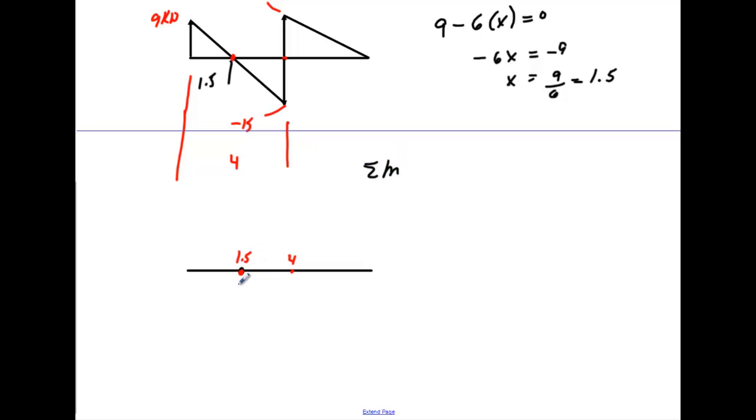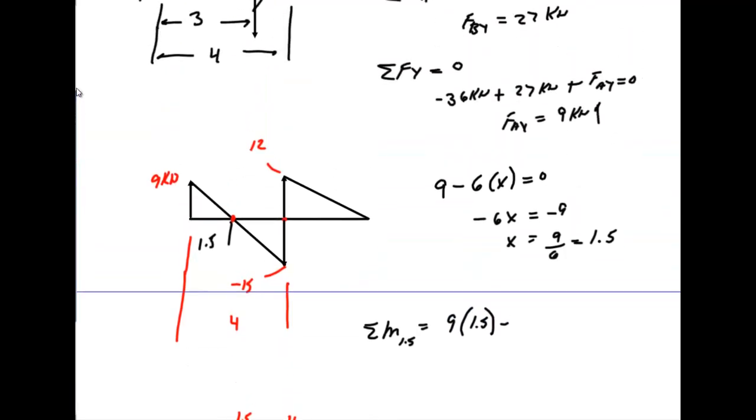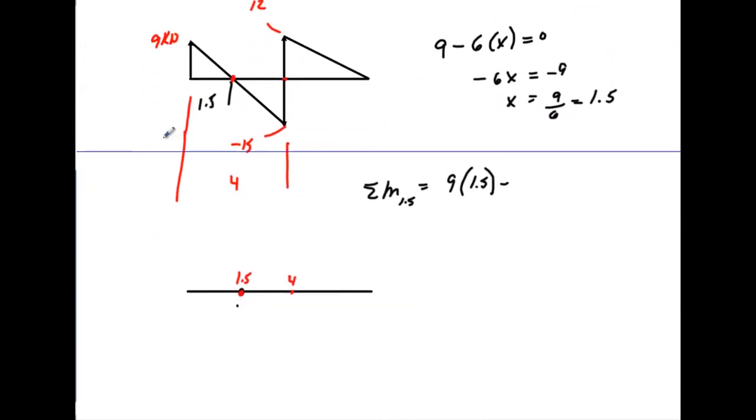we'll call this, you can call it C, we can call it anything you want. We'll call it the 1.5 point. If I do that, I have 9 coming up, going the other way. I'll get 9 times 1.5, and then minus, we said the value is going to be 6.